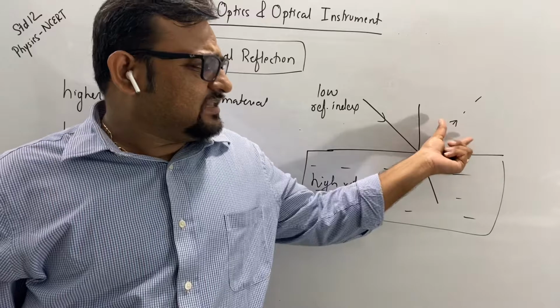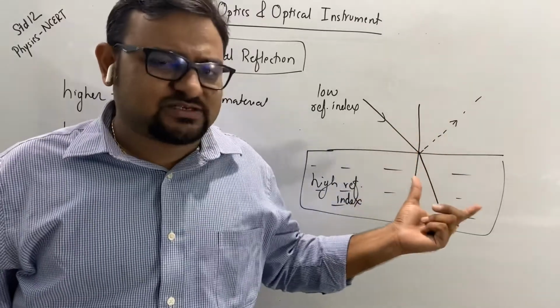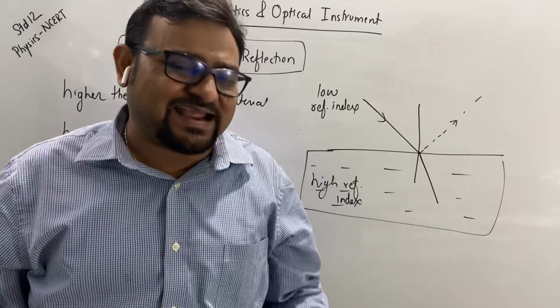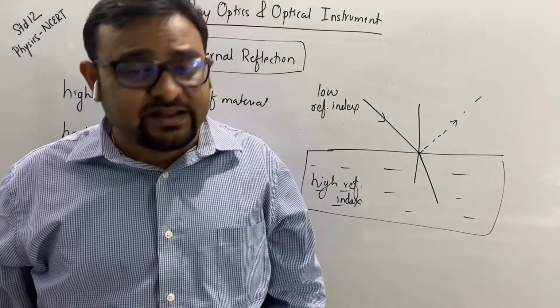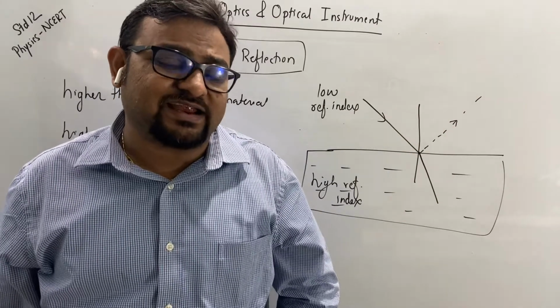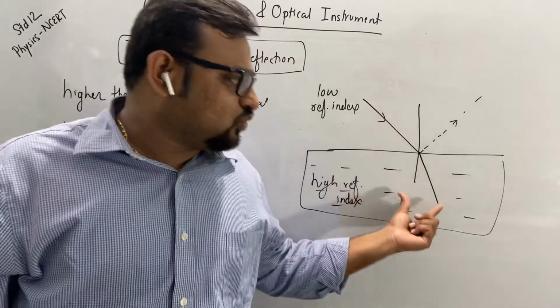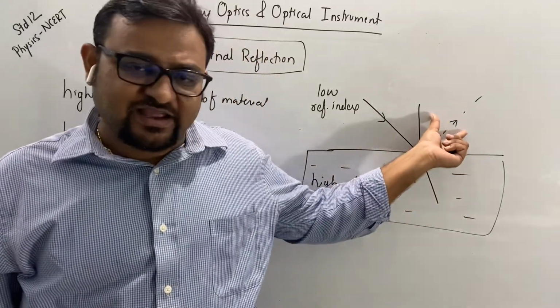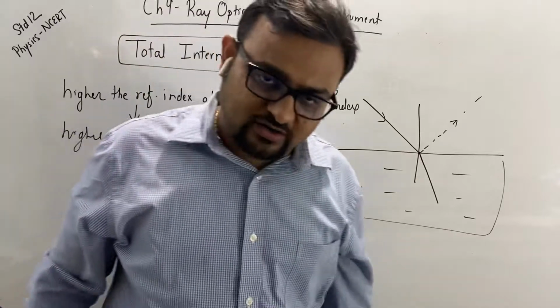Remember, the intensity of the reflected ray is quite small compared to that of the refracted ray. It also depends on the medium how much the intensity of this reflected ray is. But in the normal case, when a ray of light passes from air to water, the intensity of the reflected ray is lesser compared to that of the refracted ray.